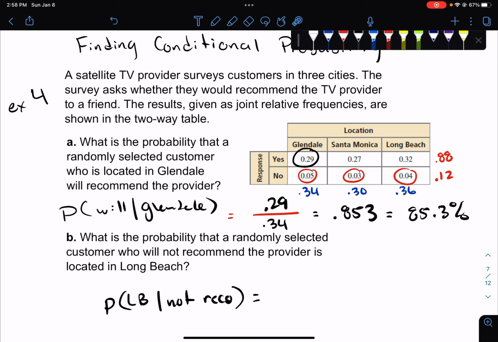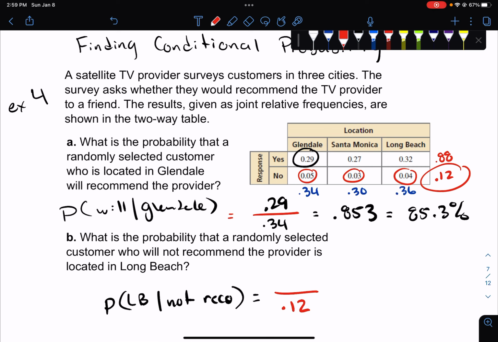So if I want to know the probability of if someone doesn't recommend the provider that they are from Long Beach, on the bottom is the total that don't recommend, 0.12. On the top is the percentage that are from Long Beach out of that group, right?